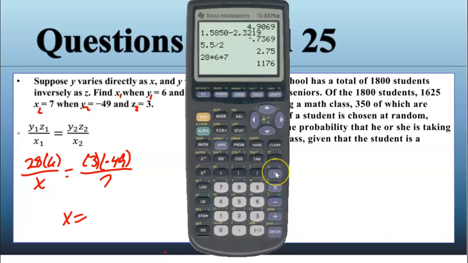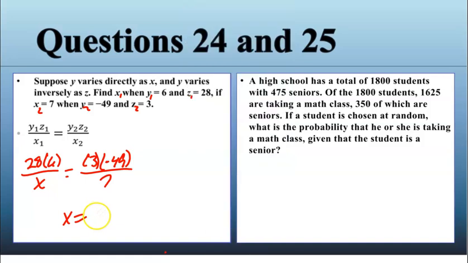And then I'm going to divide everything by parentheses 3 times -49. Let me go back to what I had here. I got to use a negative symbol here. Gives us a -8.